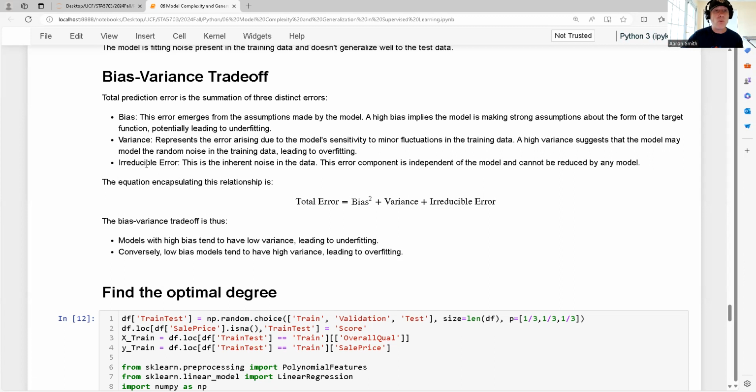Now, the next one is irreducible error. The irreducible error are aspects of the situation that we just can't address with our predictor variables or the model structure. These are things that mathematically we can't account for with the tools that we are using. Maybe if I get some more predictor variables, maybe if I try a different mathematical structure, I might be able to pick it up, maybe not.